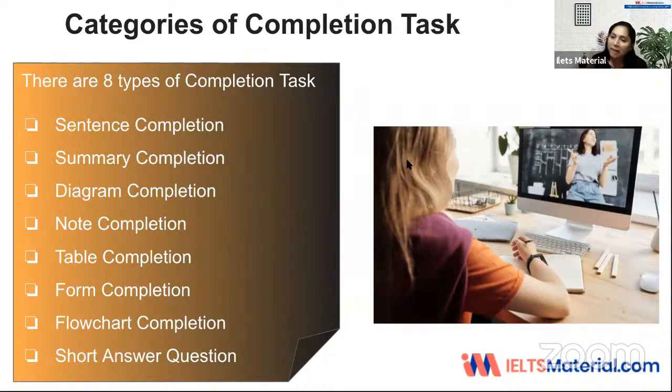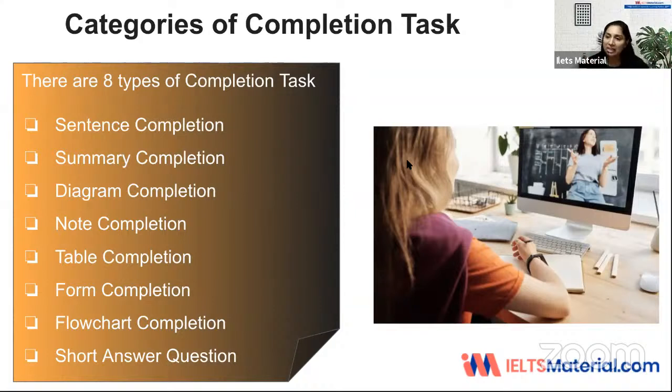So in summary completion, there is a chance that they can start from the first paragraph, or right after the paragraph where you have already completed a question task. It is not related to true, false, not given. As I described yesterday, if I take academic reading or the last section of general training reading, then you have lengthy passages.